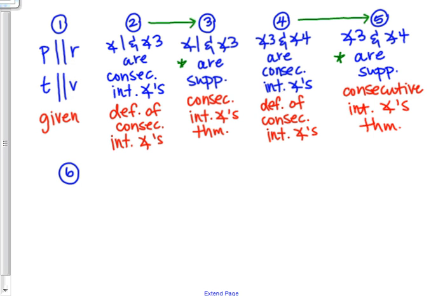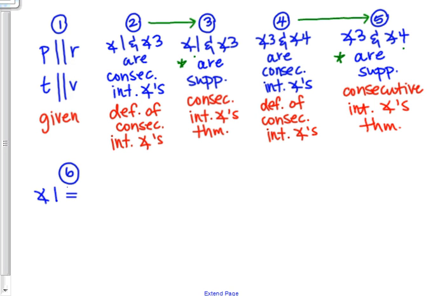Well, there's a theorem called the congruent supplements theorem that we learned in Unit 2 that states if two angles are supplementary to the same angle, then they are congruent. So because angle 1 is congruent to angle 3 and angle 4 is congruent to angle 3, 1 and 4 must be the same measure. So they must be congruent.